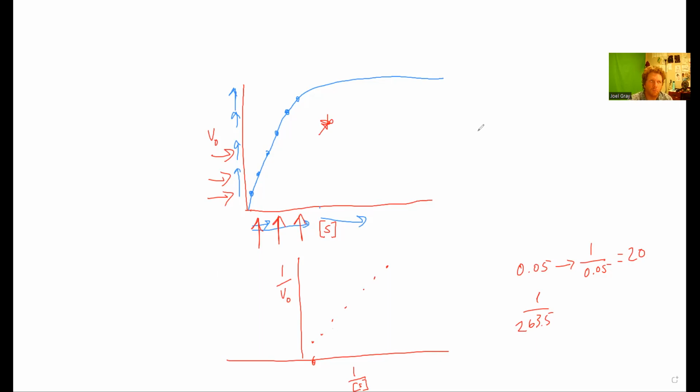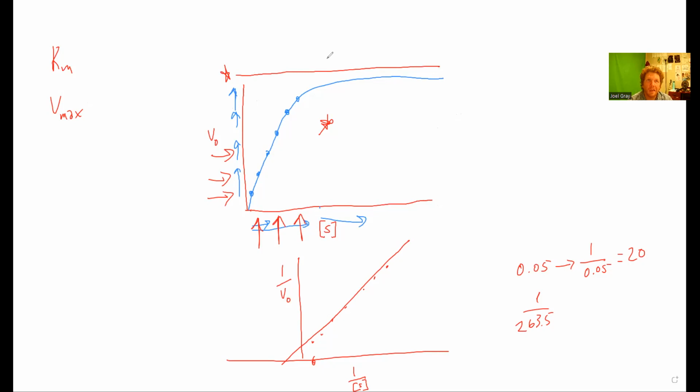Now, once you have these two graphs, you'll be able to figure out the Km and the Vmax. For a Michaelis-Menten curve, your Vmax is effectively right here. The maximum velocity is where your data plateaus, where you add more and more substrate and the velocities do not increase.